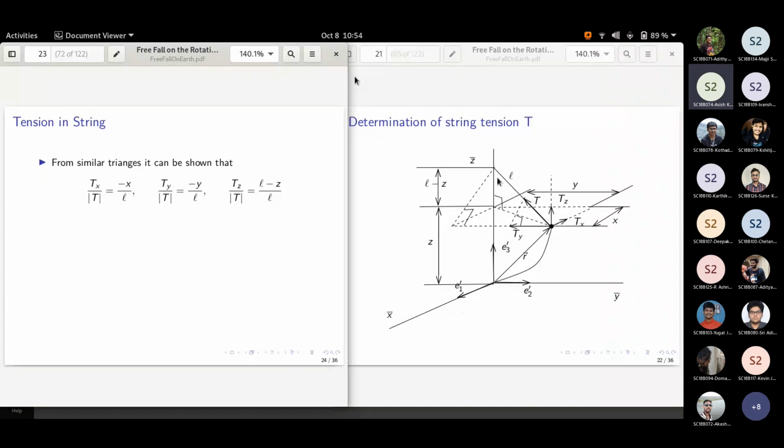So you are saying L square is x square plus y square plus L minus z square, not z square. Because this pendulum, when it is below, it is L, and when it is above, it is L minus z. So it is kind of shifting the origin to 0, 0, L. Yes. Thank you.